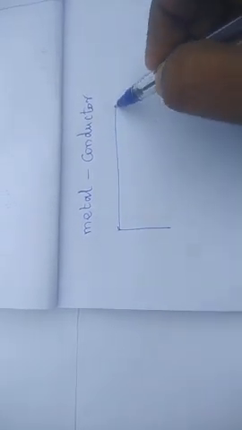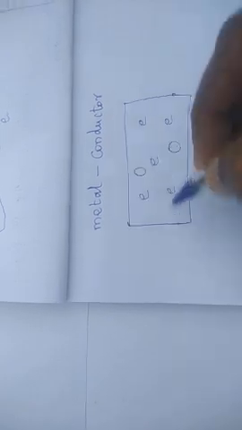Let us consider the example of a metal. We all know that metal is a good conductor of electricity. This is a real picture of the metal. What is happening inside this? This is a metal. These free electrons come out from the atoms.